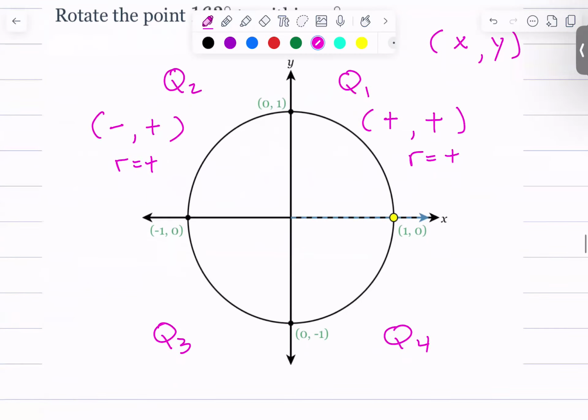Quadrant 3, my X is negative, my Y is negative, and my R is always positive. Quadrant 4, we have positive X, negative Y, and my R is always positive. Okay? All right, and you can figure this out, but I just gave you guys a little shortcut.